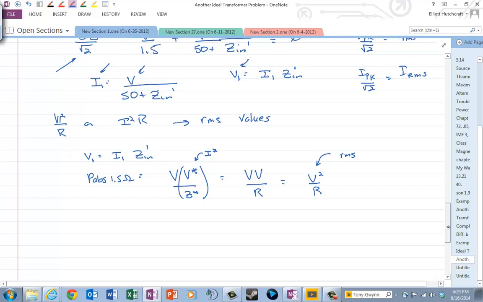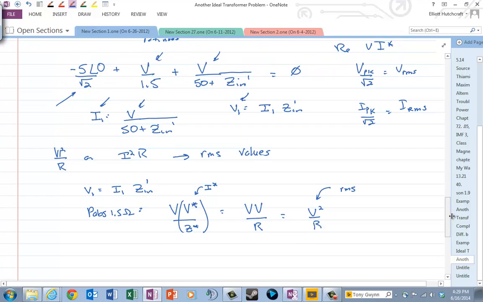Okay, so that's the power absorbed, and I think this problem actually asks for the power generated by each resistor. I don't know why, but if we want to know the power generated by the 1.5 ohm resistor, it's equal to minus the power absorbed by the 1.5 ohm.